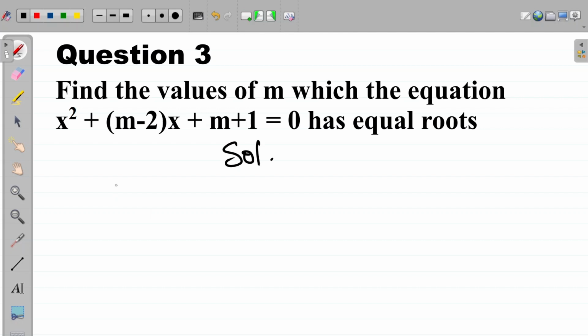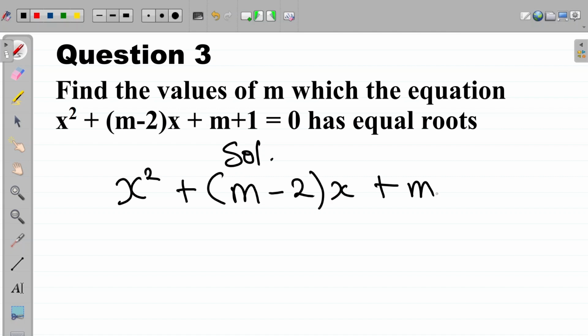So the equation given to us is x squared plus (m minus 2) multiplied by x plus m plus 1 equal to 0.